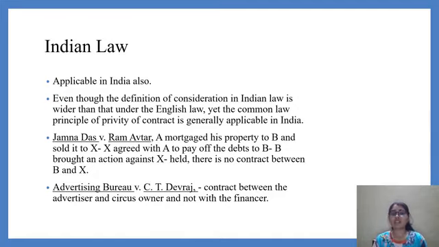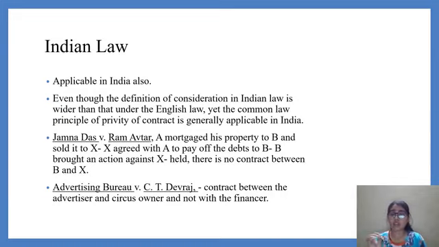Now the next case is the Advertising Bureau versus C.T. Devraj. In this particular case, a circus owner entered into an agreement with the advertiser, but when there was a breach of the terms of the contract, the advertiser sued the financier of the circus.